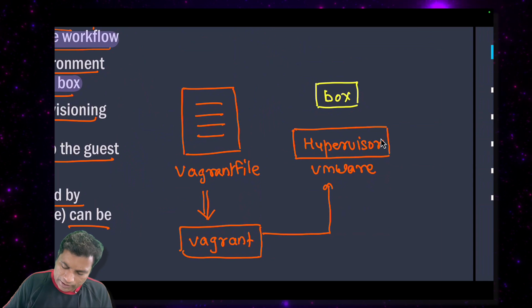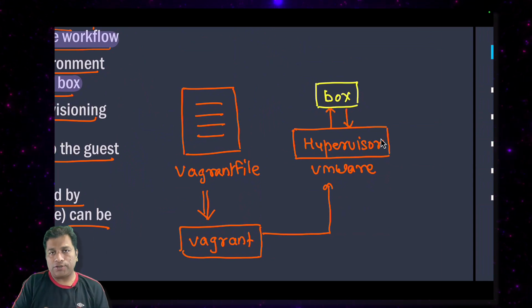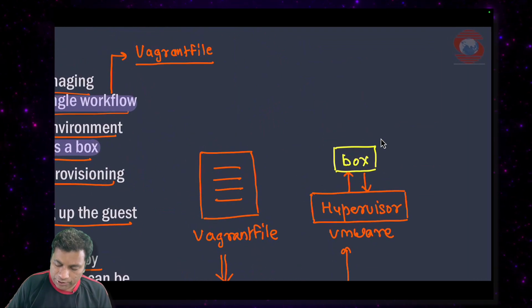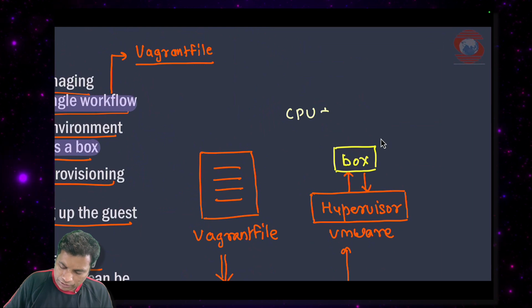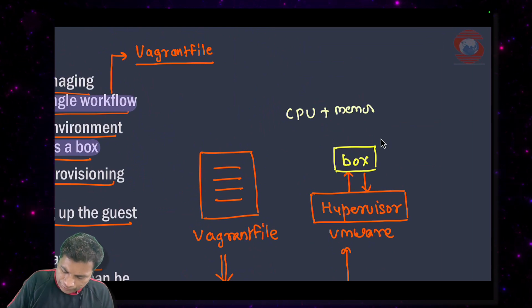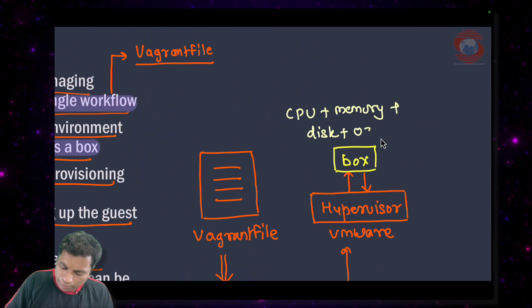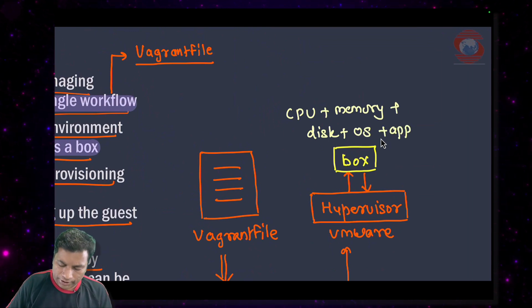So the hypervisor here reads the box and gets everything that needs to be created in the virtual machine. Okay, so what does it contain? It contains multiple things. For example, the CPU configuration, the memory configuration, the disk configuration, the operating system configuration, or required applications, so on and so forth.